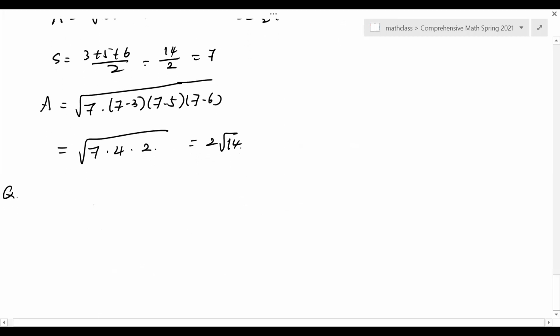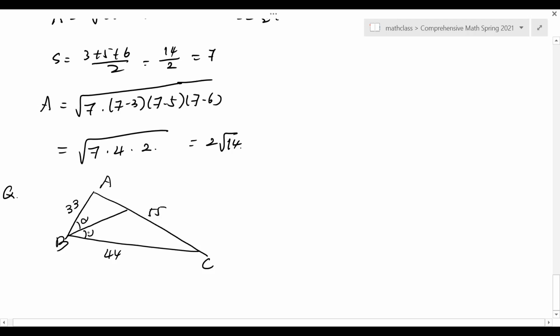So our next problem is this triangle. This is A, B, and C. A line bisects the larger acute angle in the triangle with sides of length 33, 44, and 55. I'm going to bisect this.